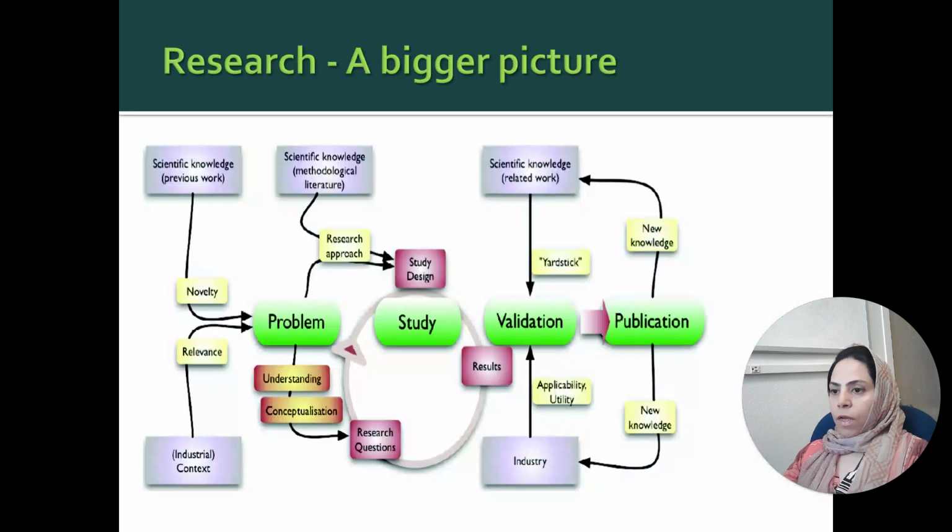After this, once you have conducted the study, of course you need to validate the result. So how does the validation happen? Based on previous scientific research, one of the ways is that you go and see what the predictive accuracy in diagnosing heart diseases in the relevant literature has reached so far.